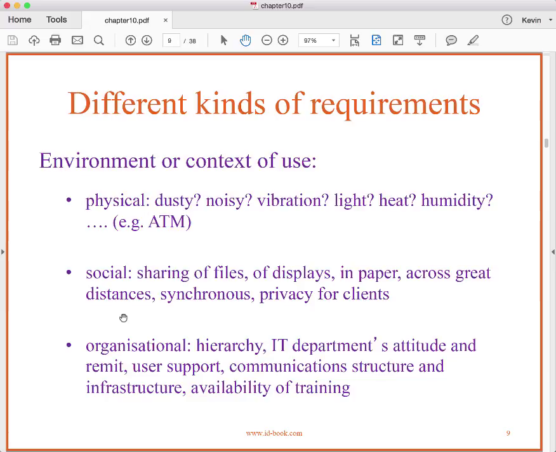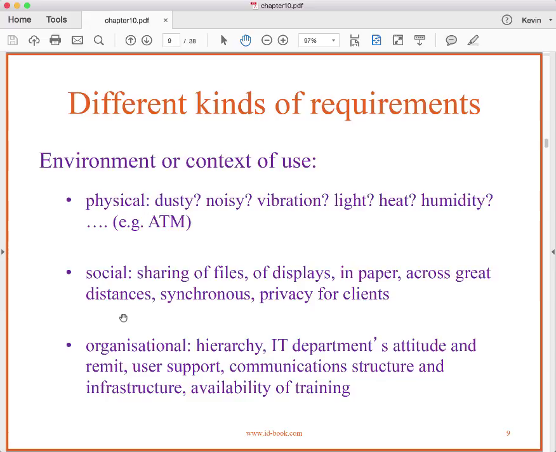So we need to understand the requirements in terms of the context of use, because remember, you and I, in the context of this course, are not just systems analysts. We're interaction designers. So we're particularly interested in the interaction design.